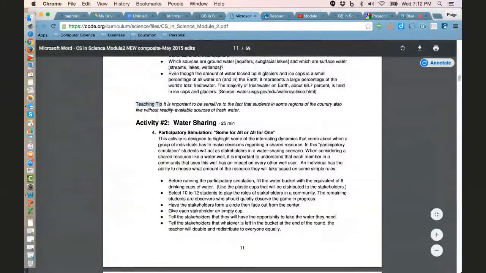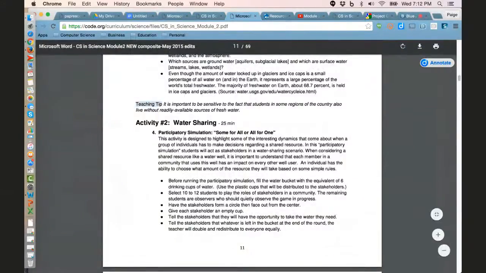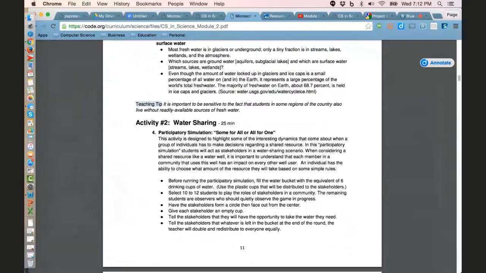Here it is, Some for All for One. And this activity is based on, as I said, behavioral economics, and if you have a finite resource like water, how do you engage a community in effective decision making?